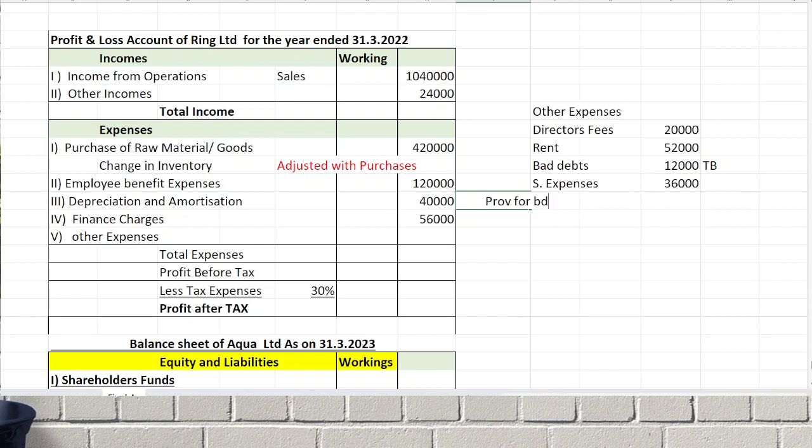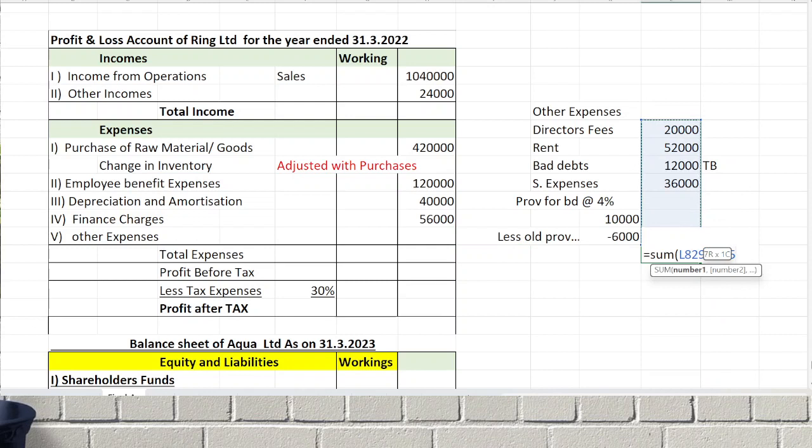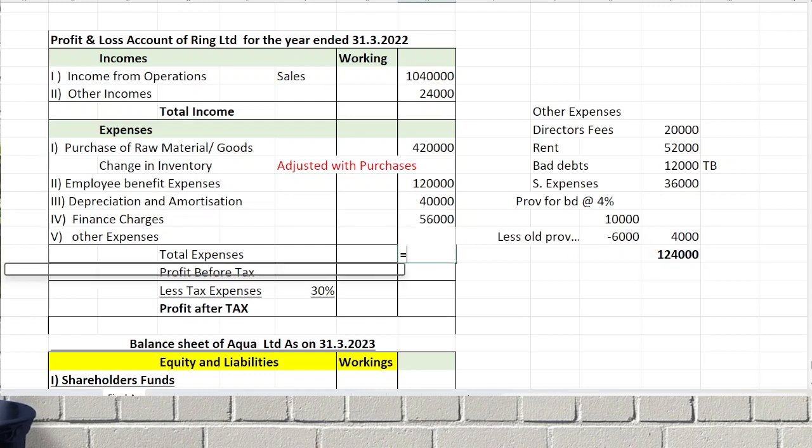Provision for bad debts is to be maintained at the rate of 4%. So take 4% and see how much it is. It is 10,000, less the old provision given in the trial balance. How much is given? 6,000. Additional provision of 4,000 is required. Take it.